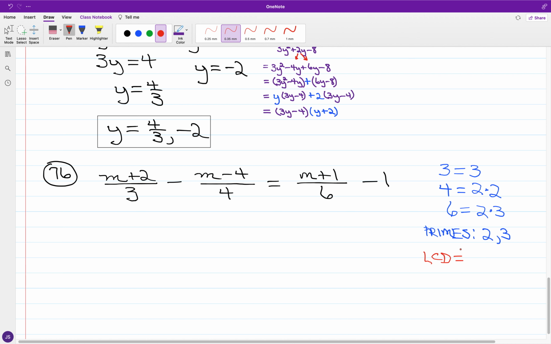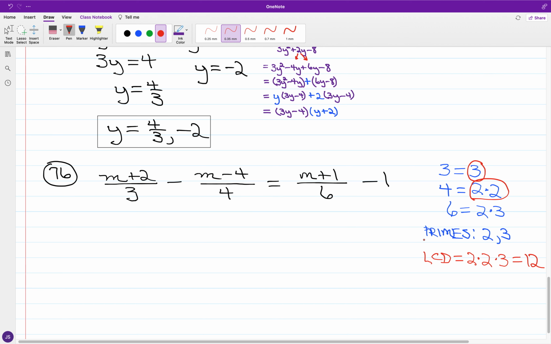For the least common denominator, with 2, we draw upon the greatest number of appearances among the factorizations, so you have a couple of 2's from 4. With 3, it appears once from 3, not at all from 4, and only once from 6, so we have 1 three. For the LCD, 2 times 2 is 4, 4 times 3 is 12.